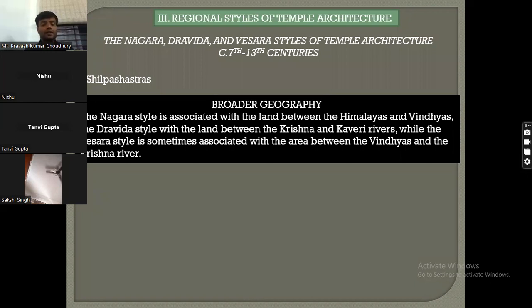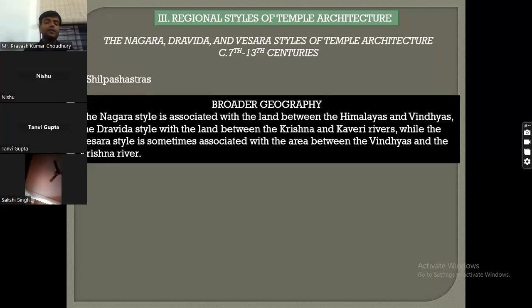So this region witnessed, roughly in the time period around the 8th, 9th century CE, the beginning of the Besar style of temple architecture. So we have these three major styles of temple architecture that started after the 7th century CE, and it is in this time period that very elaborate temple architecture came into existence in the Indian subcontinent for the first time, which is existing till date.